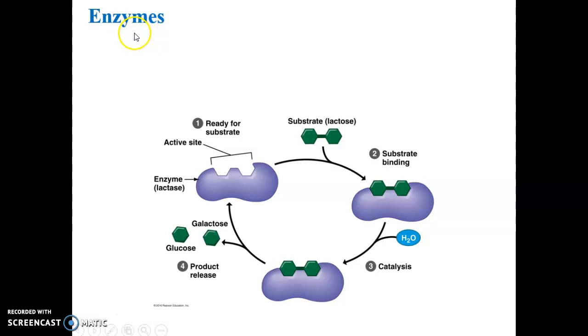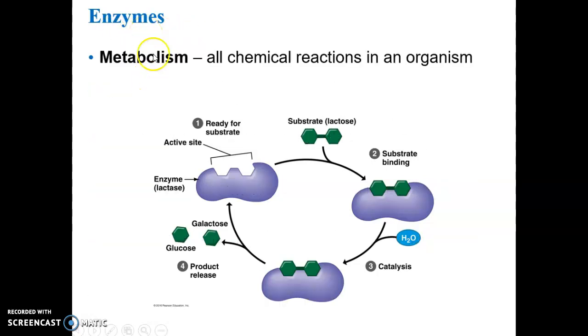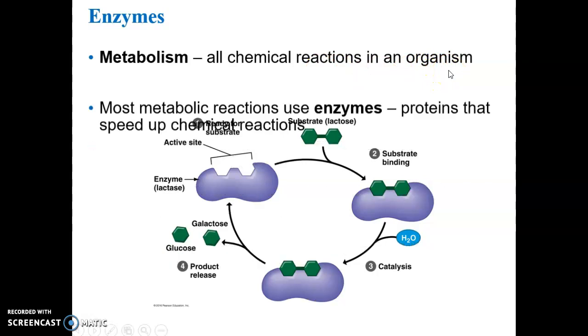And enzymes are also involved to make chemical bonds. So enzymes are essential for life. Metabolism is the word that's used to encompass all the chemical reactions within an organism. So we have cellular metabolism, all the chemical reactions in the cell. Organismal metabolism is all the chemical reactions in your body at any given time.